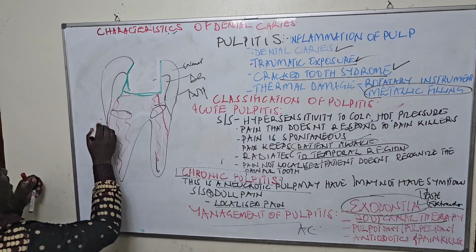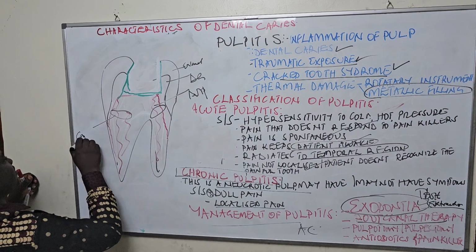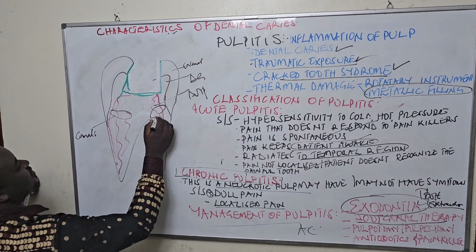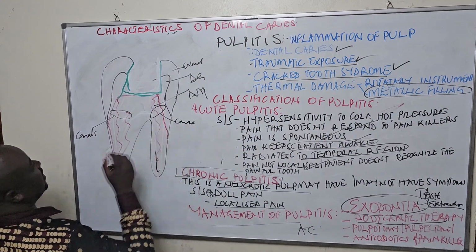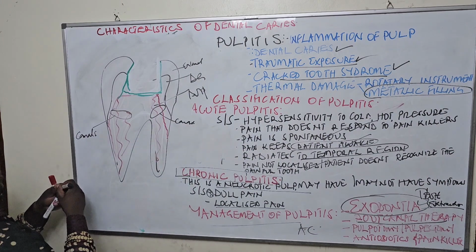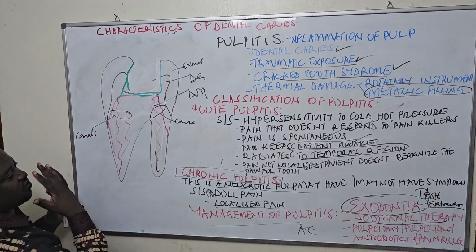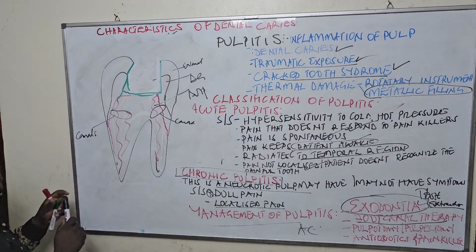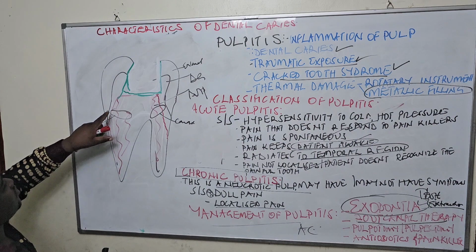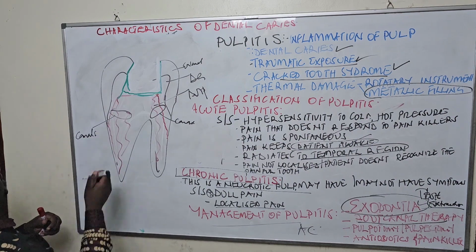We call these canals. So we have the part of what we call the radicular pulp and also the pulp up above here.